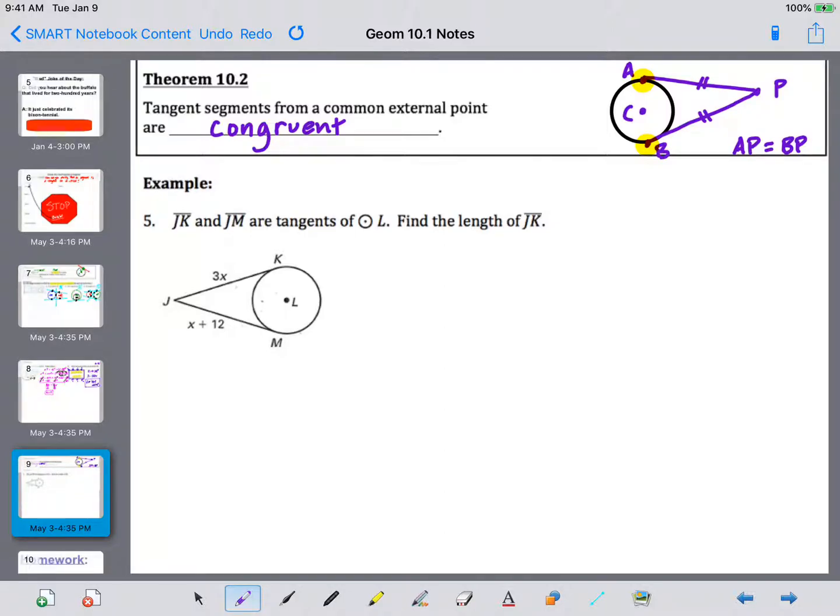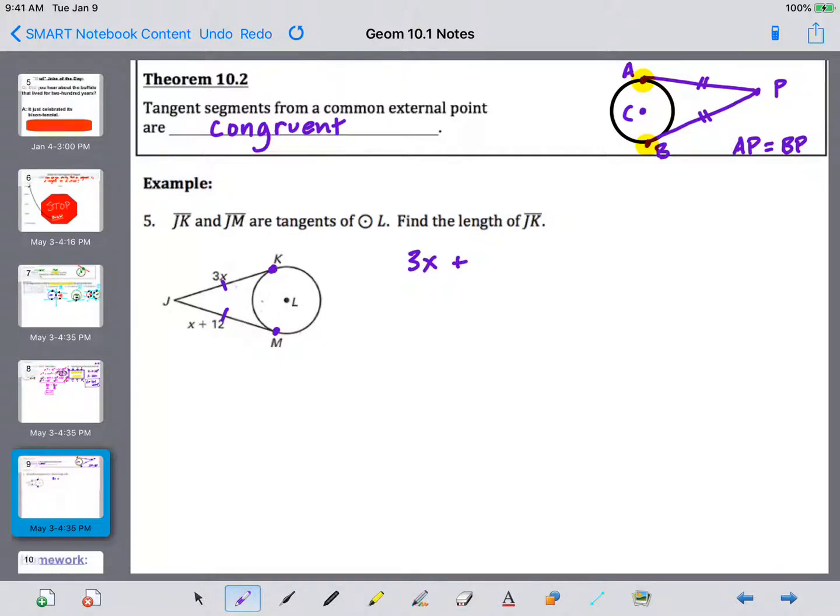All right, so in number 5, our last example, it says JK and JM are tangents of circle L. Find the length of segment JK. Well, notice that K and M are points both on the circle, and they're telling us JK and JM are tangents. So what happens is that 3x has to be equal to x plus 12.